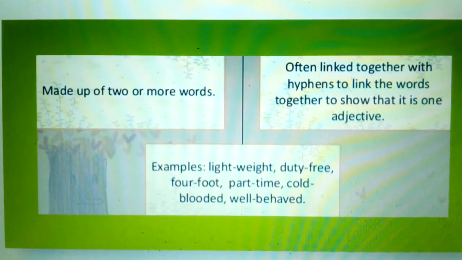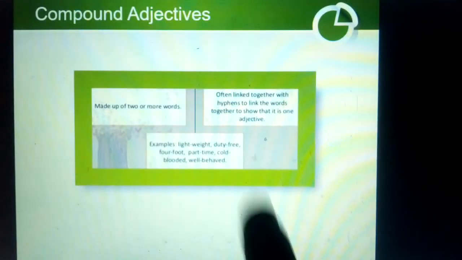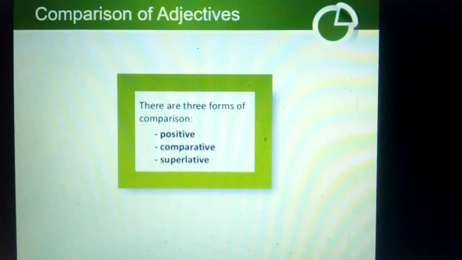For example, if I will say part-time job, so job is a noun and part-time is an adjective. In the same way, cold-blooded animal. So in this example, animal is a noun and cold-blooded is an adjective. And it is compound adjective. So these were the types of adjectives.